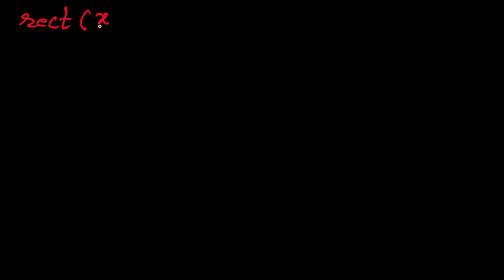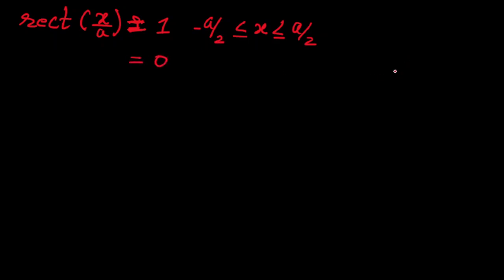Rect of x, a, what does it mean? That means the value of this function will be 1 for x less than a by 2 and greater than minus a by 2, and for other values of x it will be 0. So this is called the rect function.